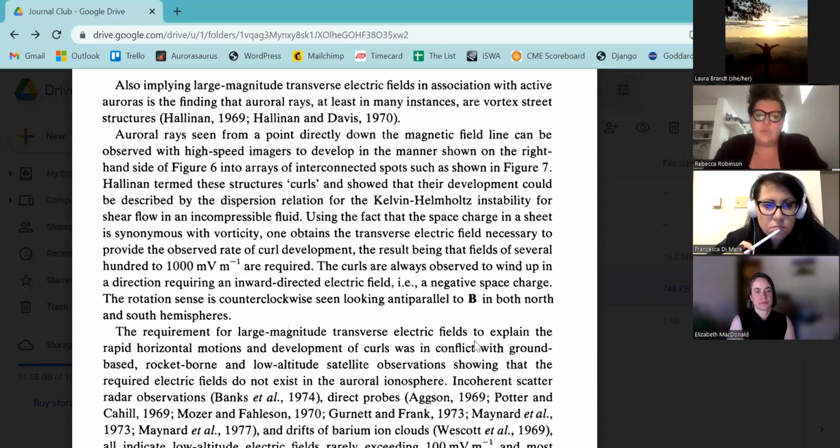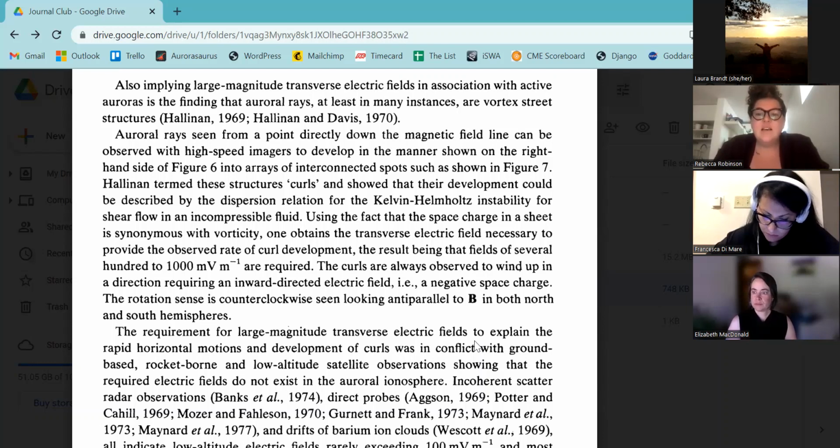Auroral rays seen from a point directly down the magnetic field line can be observed with high-speed imagers to develop in the manner shown on the right-hand side of figure 6 into arrays of interconnected spots, such as shown in figure 7. Hallinan termed these structures curls and showed that their development could be described by the dispersion relation for the Kelvin-Helmholtz instability for shear flow in an incompressible fluid.